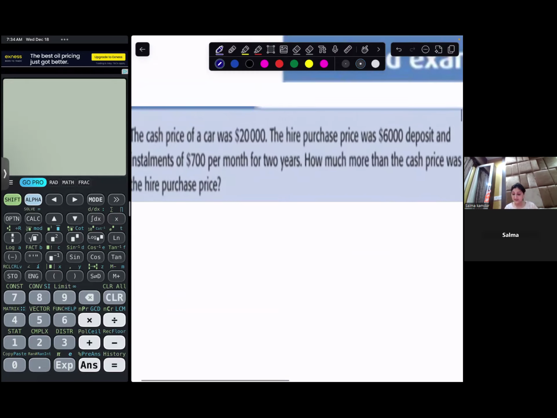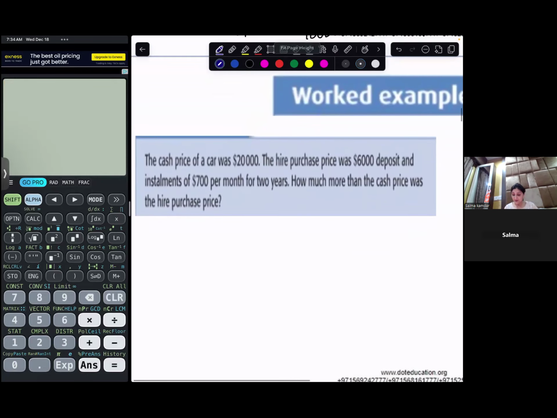Let's look at this worked example 9. This will be from your textbook only. So I have a car whose cash price is 20,000 and the hire purchase was a 6,000 deposit and installments of 700 per month for 2 years.